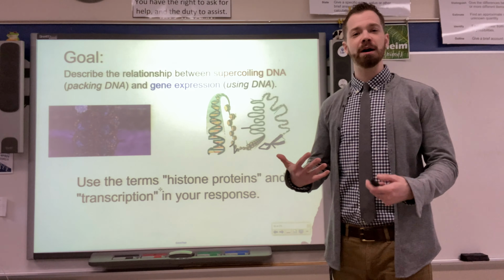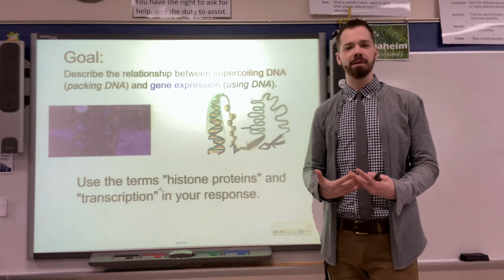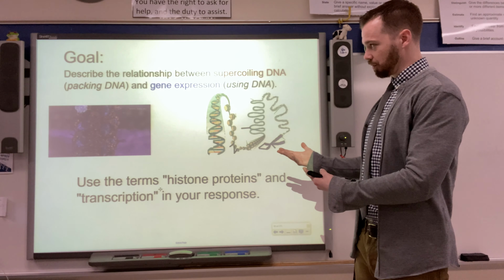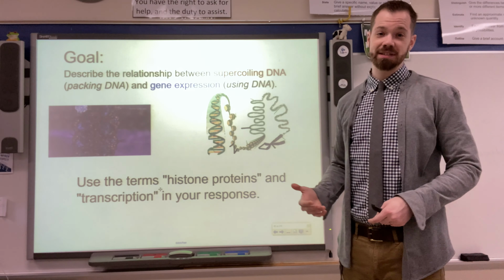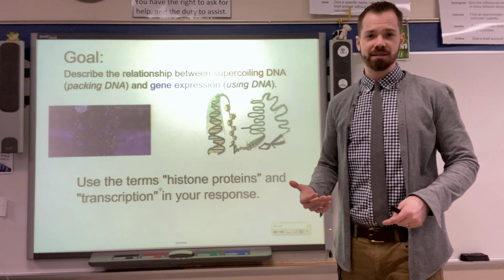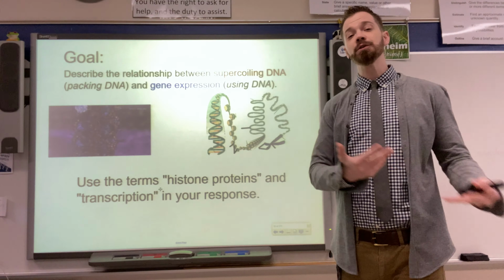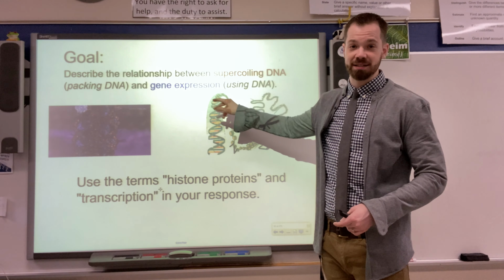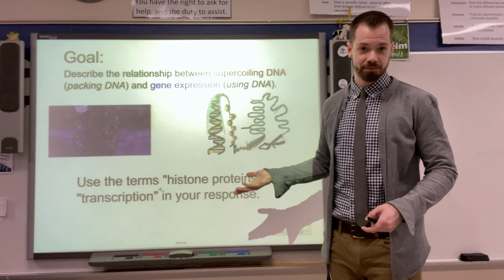So we talked about this goal, that essentially we want to be able to describe what is going on with supercoiling, which is the packing of DNA up, and the result or influence that has on gene expression, which we could also sort of describe as using the DNA.